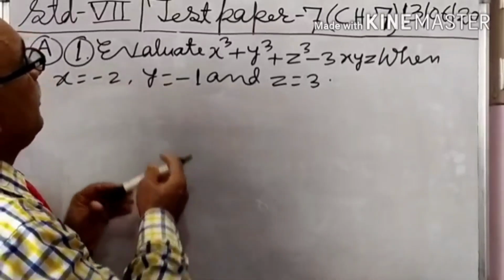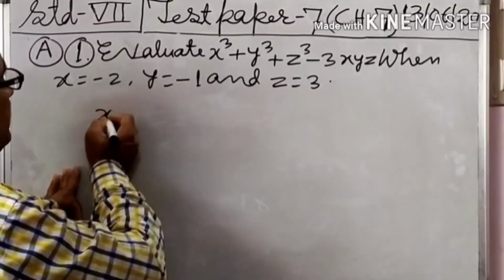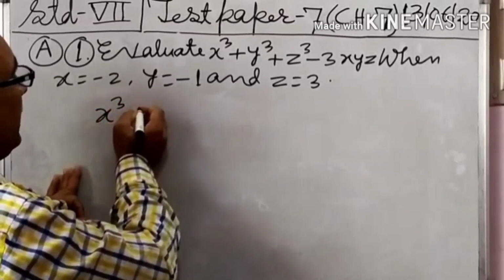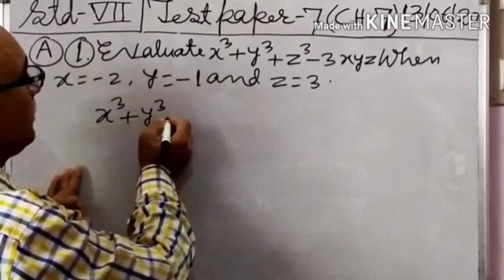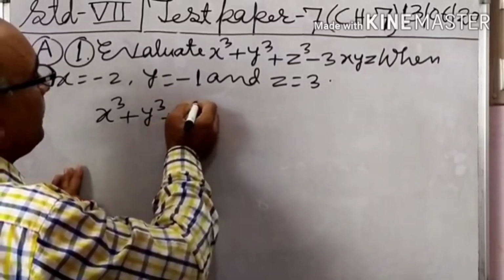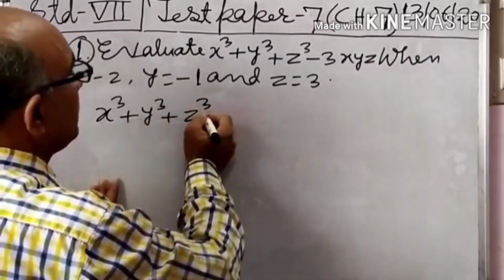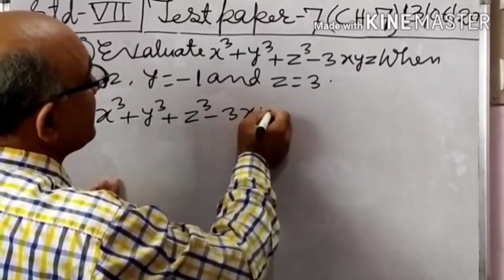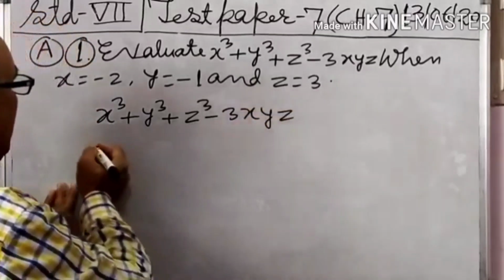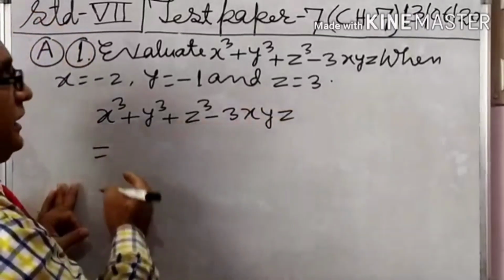So write first of all the question: x cube plus y cube plus z cube minus 3xyz. Now put the values of x, y and z.